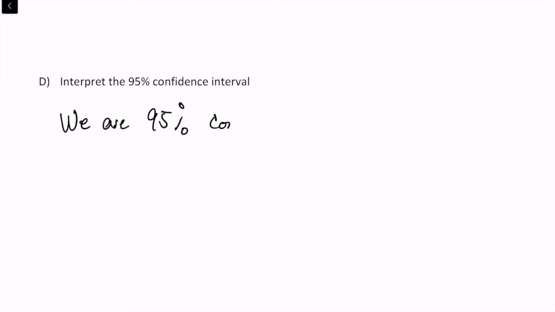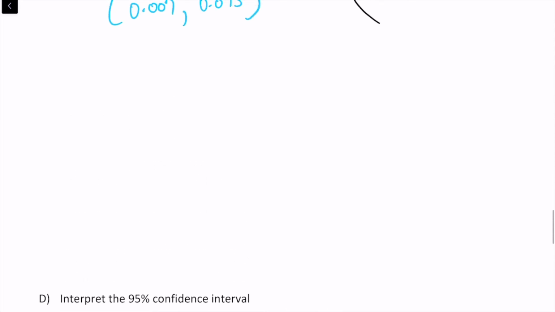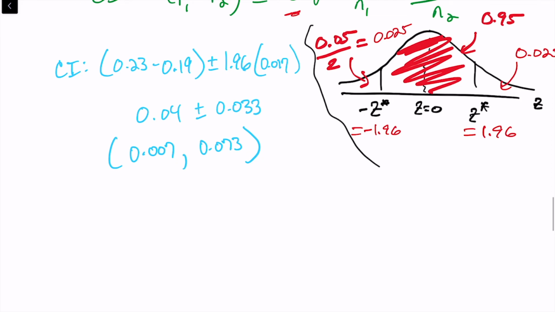We are 95% confident that p1, so what was p1, right? And notice all of these are positive, right?